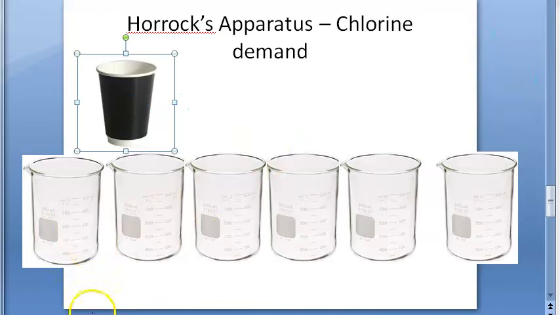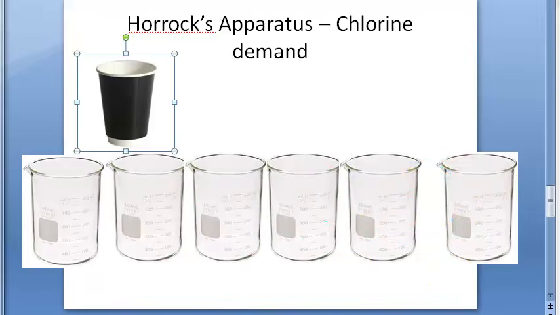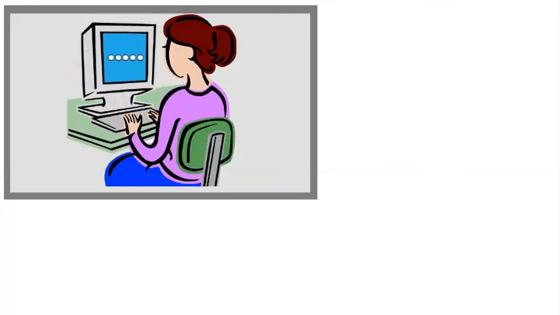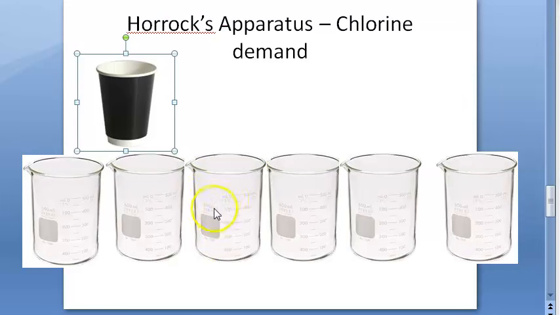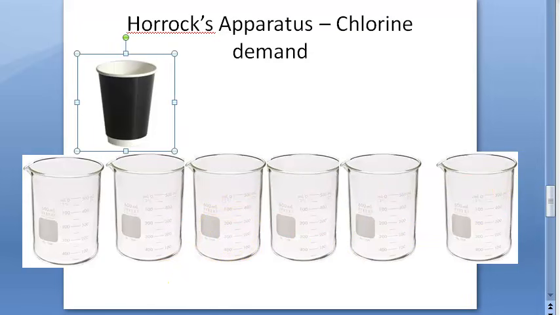Okay. Now, you should understand here. Let us say this third one showed blue color. It's the first cup to show blue color. If this is showing blue color, definitely all of the later ones will show blue color, because they had more chlorine, obviously. So guys, now we are discussing what? The third cup has blue color, that means the third cup is the first cup to show blue color, right?